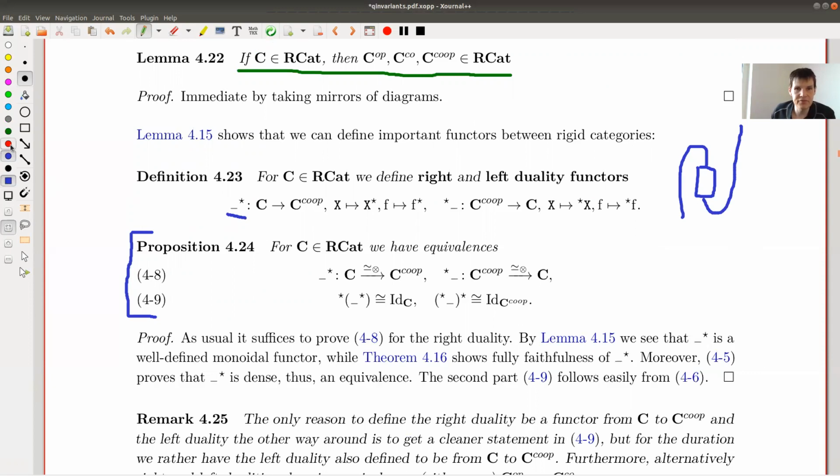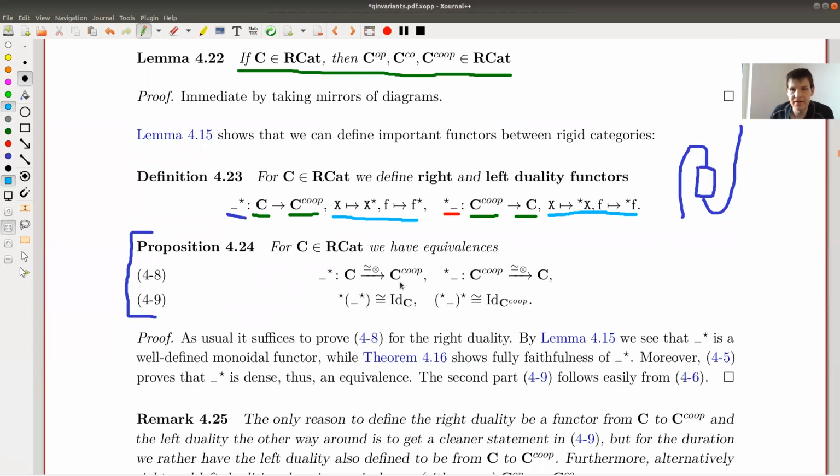So you certainly have dual functors, but because they turn everything around, they go from C to C co-op. What they basically do is send an object to its dual and a morphism to its dual, either left or right, and they are actually equivalences of monoidal categories.